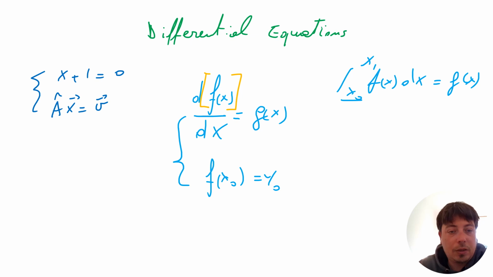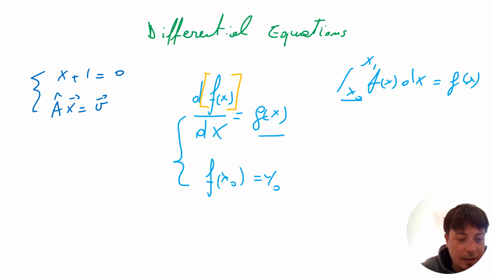Also, we need to make sure the derivative of the function that we are looking for has some properties. So this function g of x must satisfy some properties. For example, it cannot grow too quickly, it must be continuous, or things like that, in order to make sure that the solution is unique, because you want to find only one solution for a problem, ideally. So that would be the best case scenario.